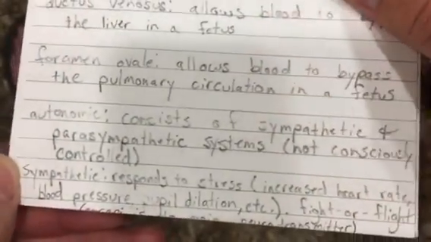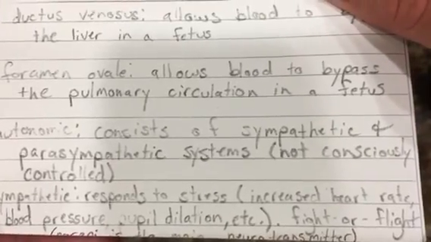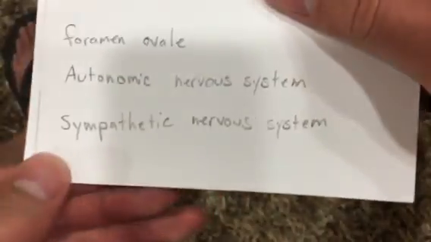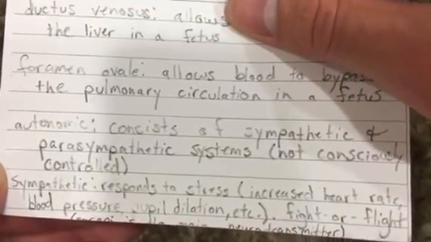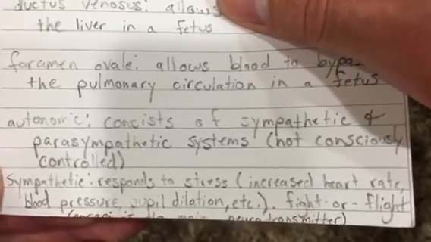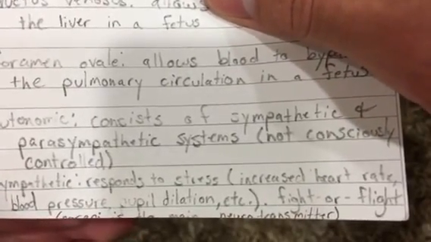Autonomic nervous system consists of sympathetic and parasympathetic systems, not consciously controlled. Sympathetic nervous system responds to stress: increased heart rate, blood pressure, pupil dilation, and so on.